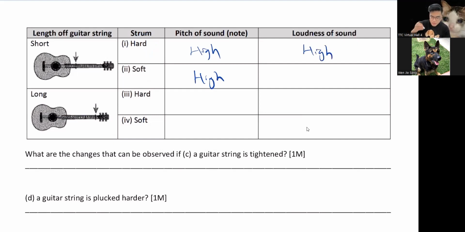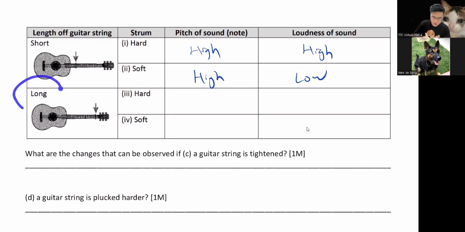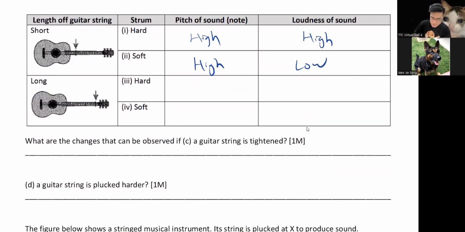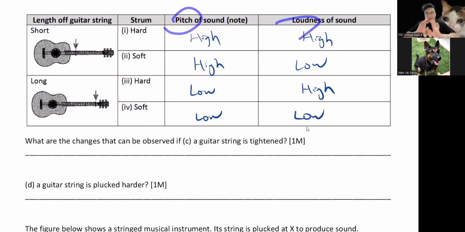If I play it soft, the loudness will be low. A long string will be low pitch. If it's hard, it will be high loudness; soft will be low loudness. So the pitch has nothing to do with the volume, they are separate things. One depends on the frequency, one depends on the amplitude.